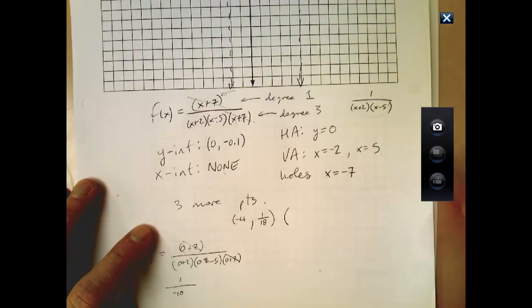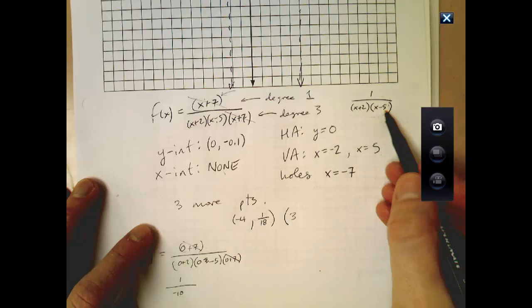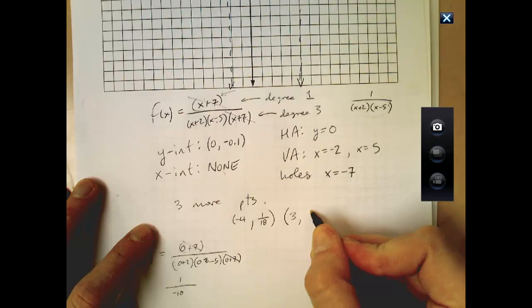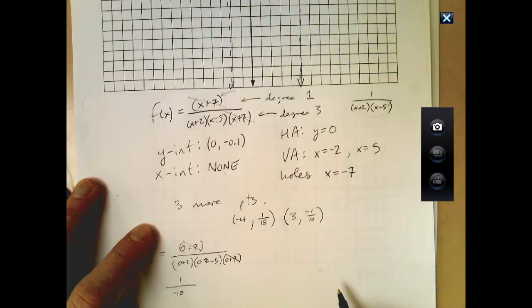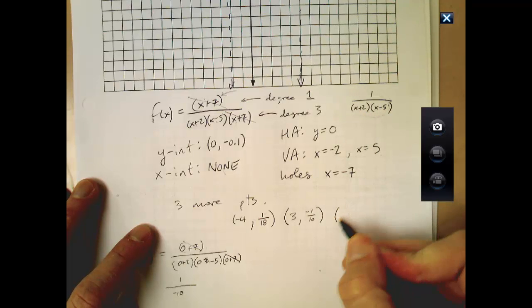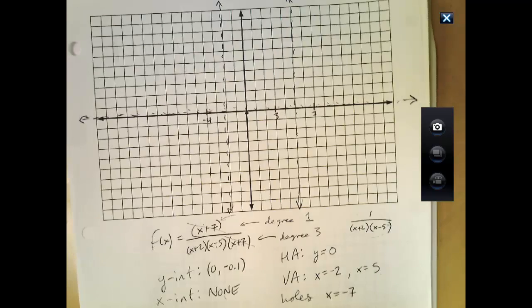Now 3, so that's 5 and -2. So 1 over -10, oh, look at that. Same value. And then for 7, I have 9 times 2. Oh, so I'm back to positive.